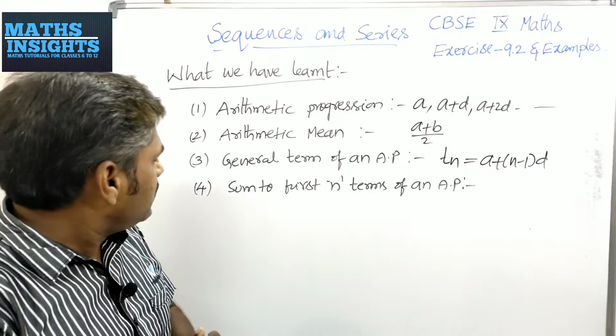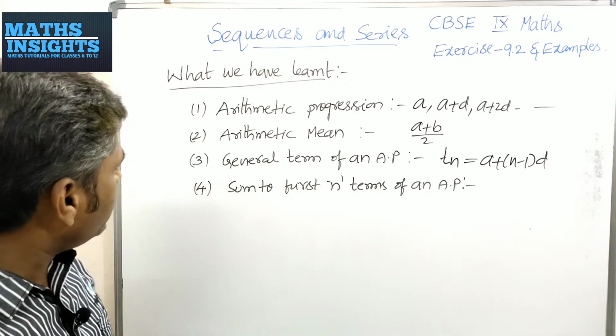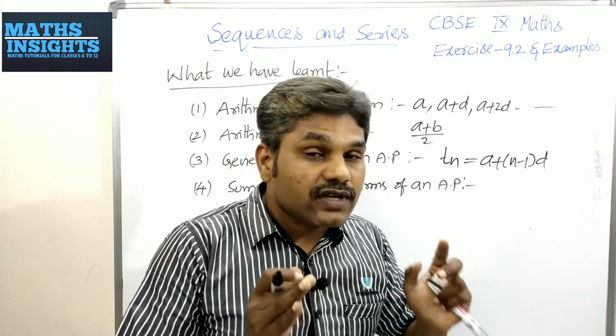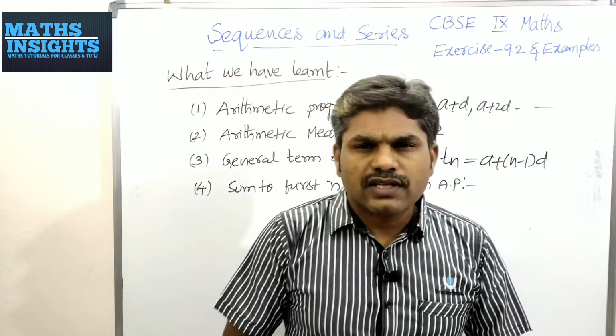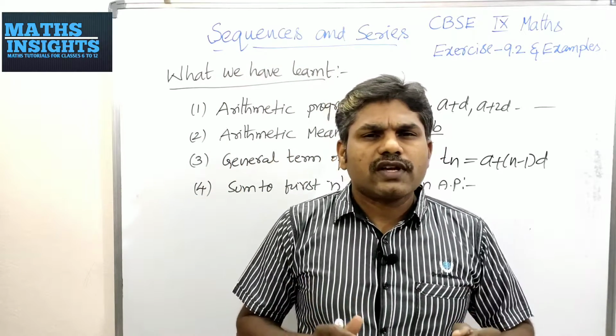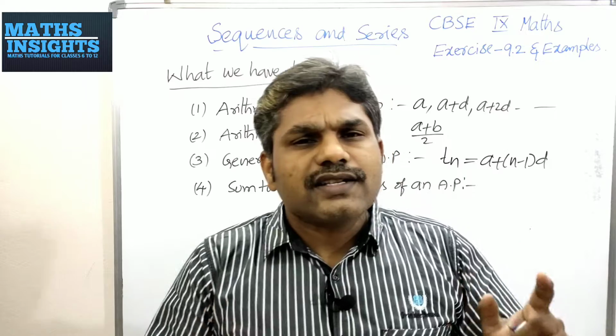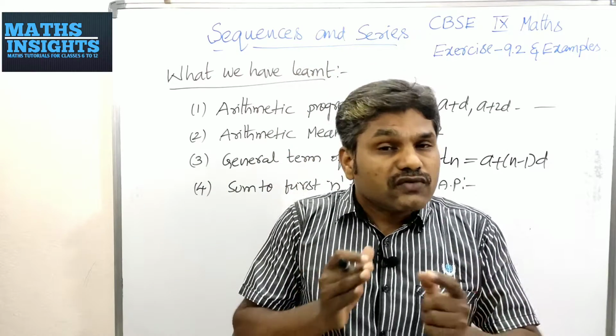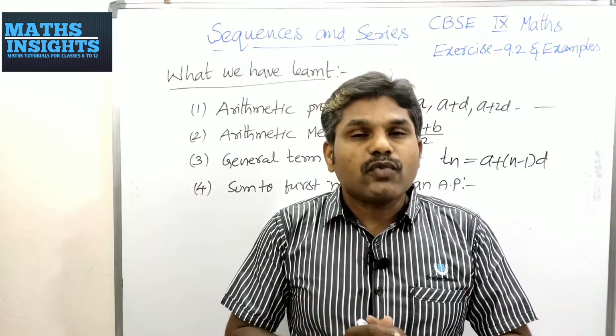And coming to the fourth point, it's very important: how to find the first n terms. This is very important, my dear students. Most of the students learn that as the sum of the terms. Sum of how many terms? Starting from where? It is very important.